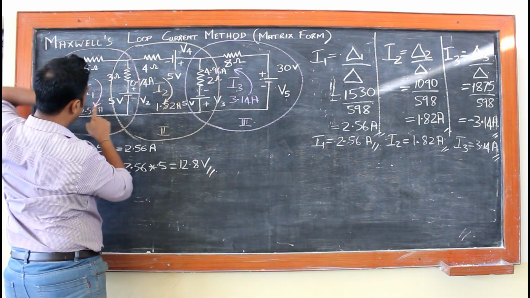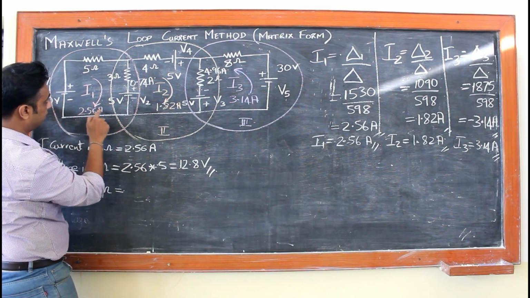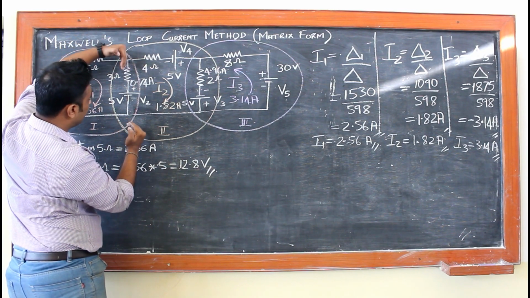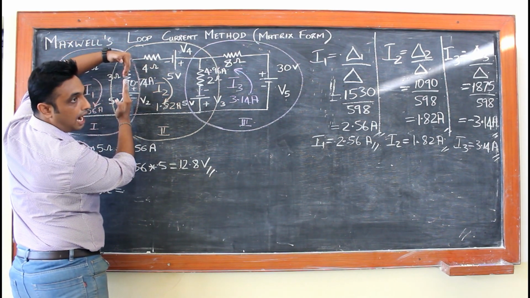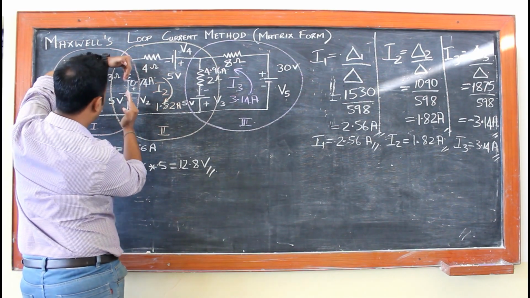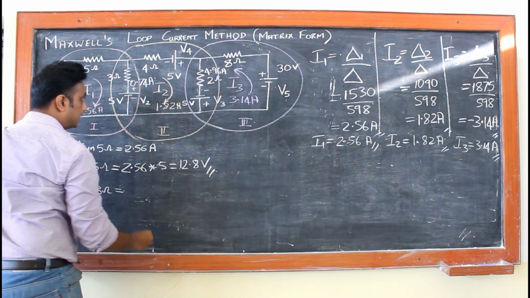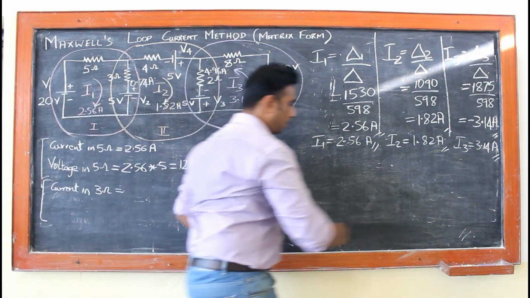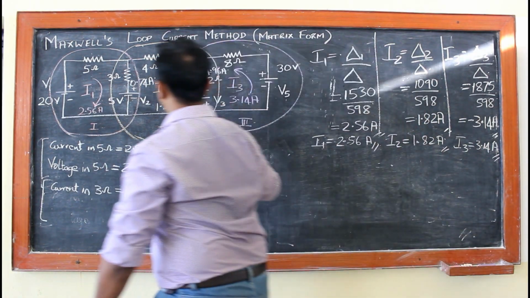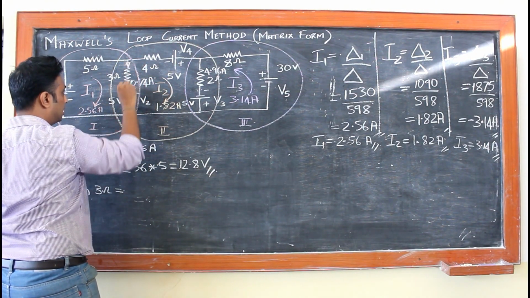Which is higher, I1 or I2? Obviously I1, so it will be I1 minus I2. The effective direction will depend upon which is greater. I1 is greater, so the direction it will follow will be from top to down.